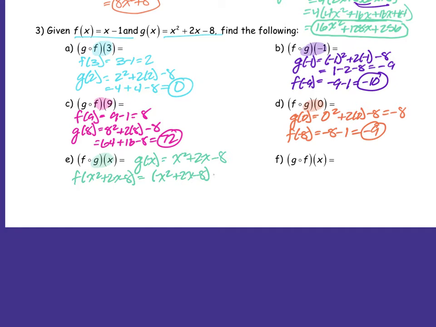That's my x, and then minus 1. So my answer should be x squared plus 2x minus 9. Whew. And of course, the last one's going to be the hardest. So f of x is x minus 1.